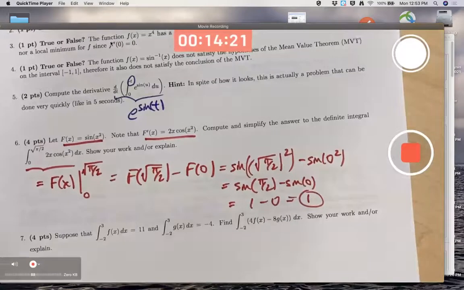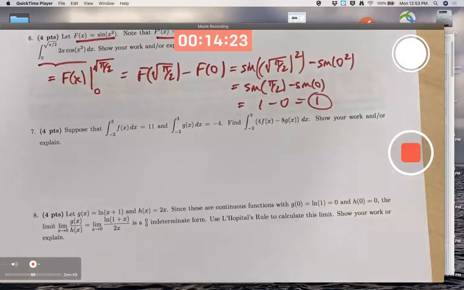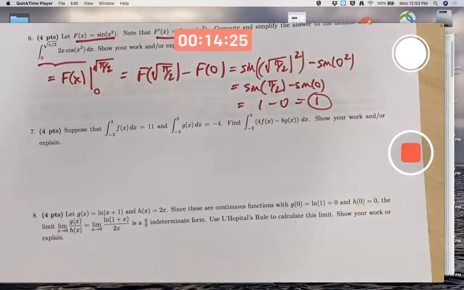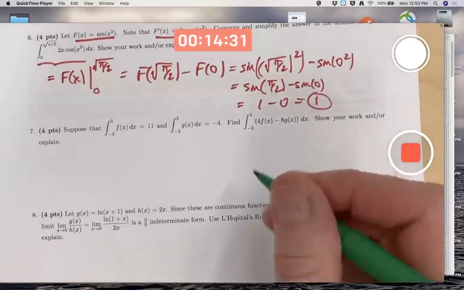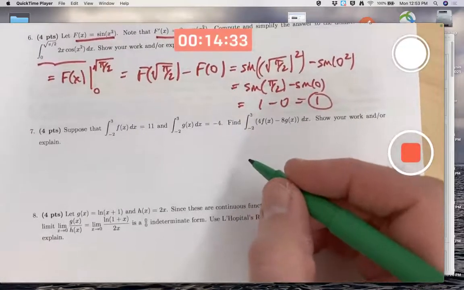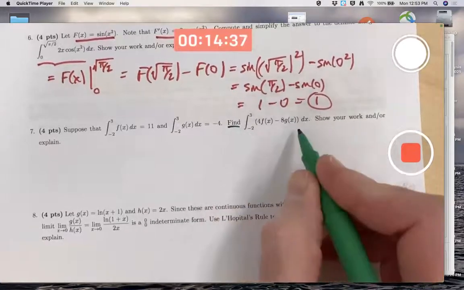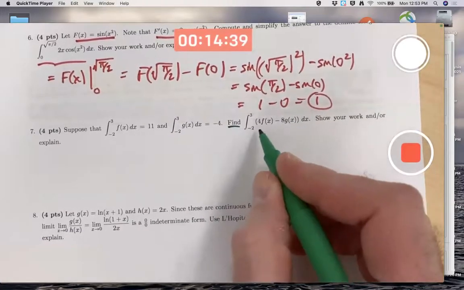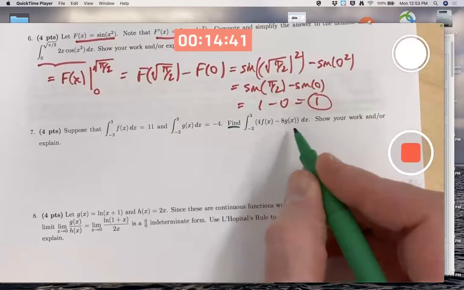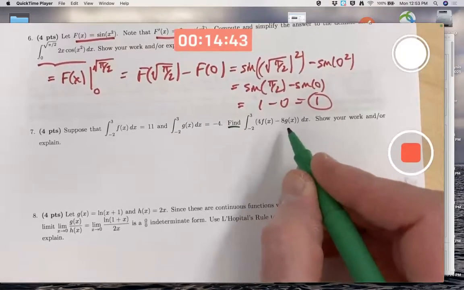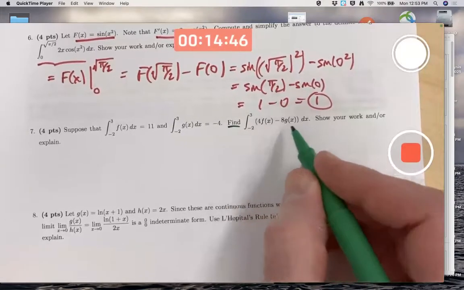Number 7 is about properties of integrals, abstract properties that you should know besides the fundamental theorem of calculus. In particular, this problem, I'm testing the linearity property. I'm trying to find this integral here, the integral of what you would call a linear combination of f of x and g of x, 4 times f of x minus 8 times g of x.